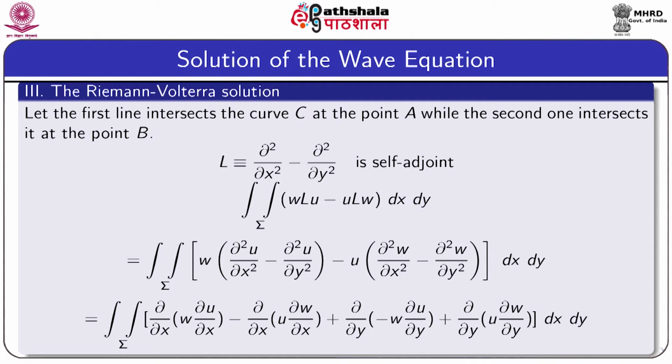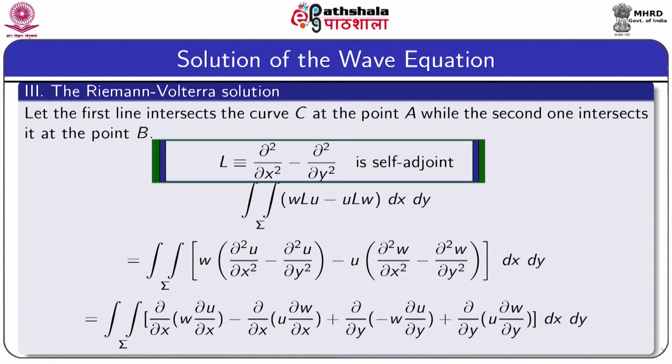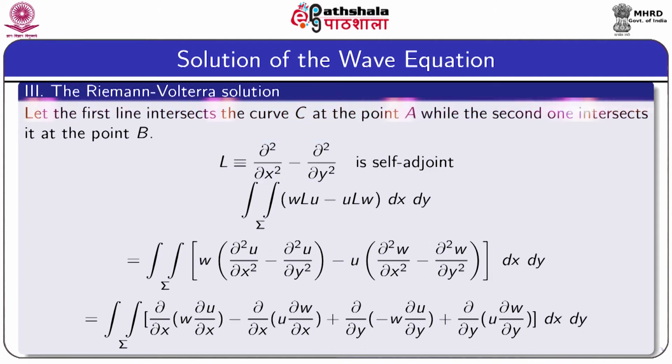Now, think about the operator L, which is del 2/del x squared minus del 2/del y squared. So, here we have to find the solution of Lu = 0, and you can easily verify that this operator L is self adjoint.